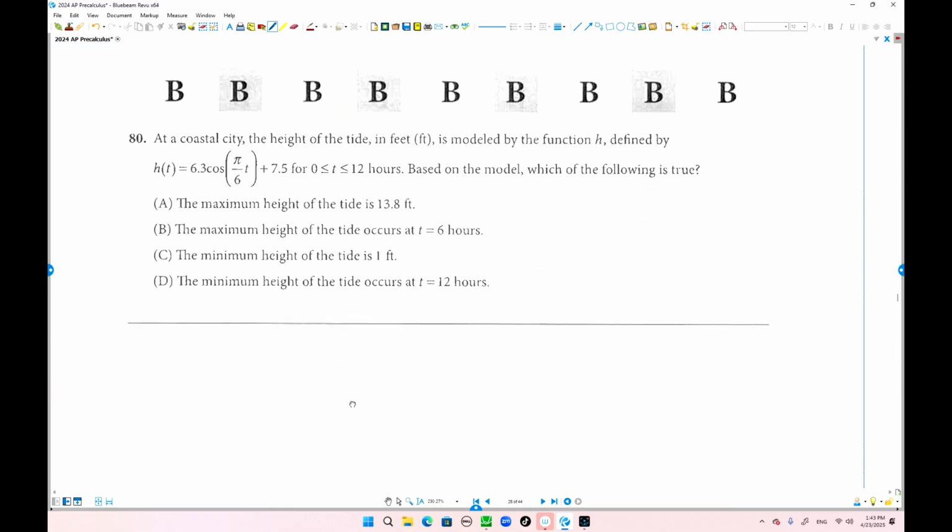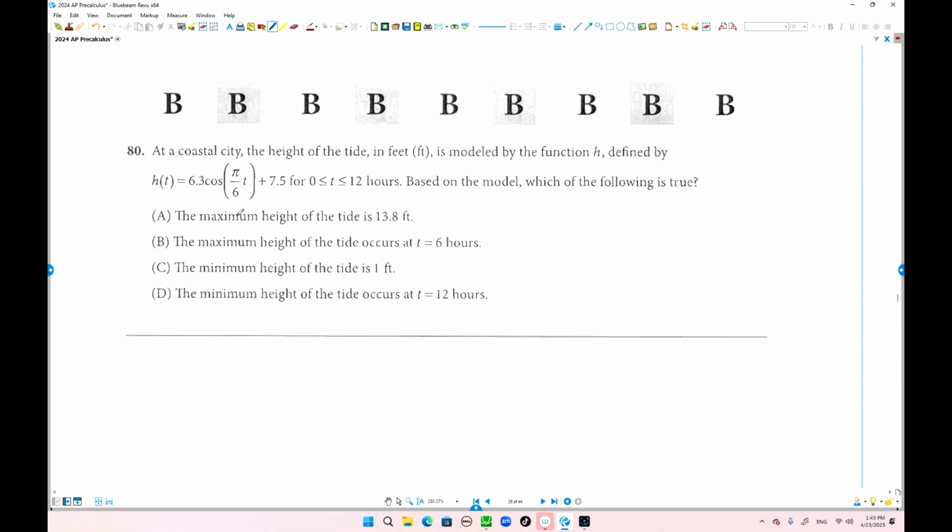All right, number 80. We have a trig function with cosine. Based on the model, which of the following is true? This one is already positive, which is the amplitude.